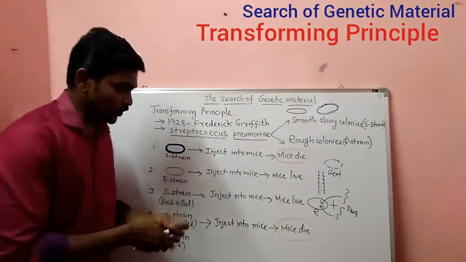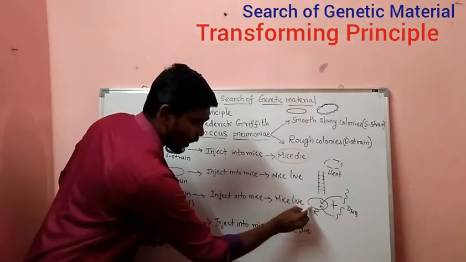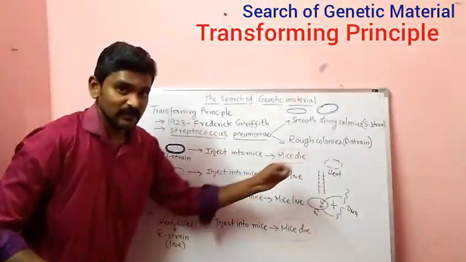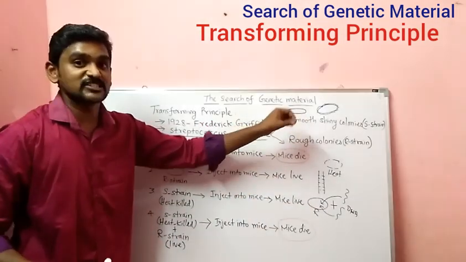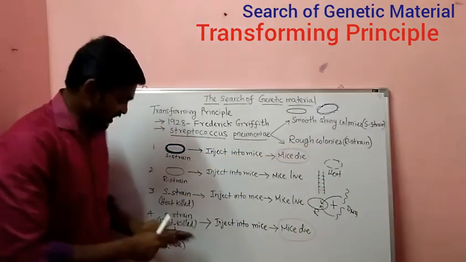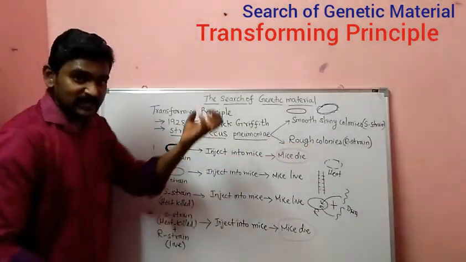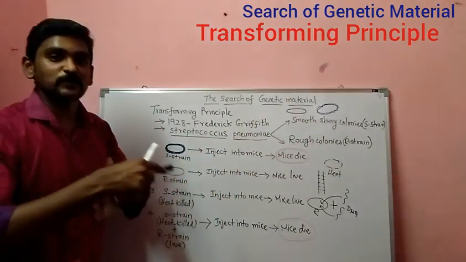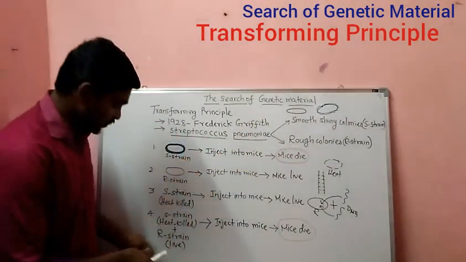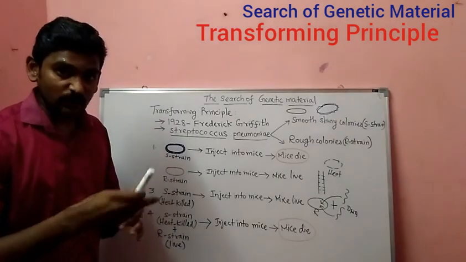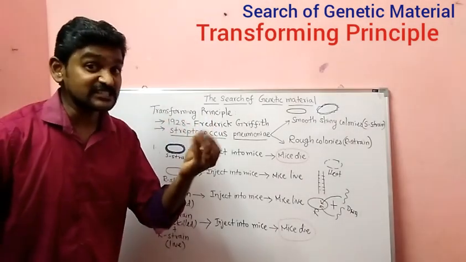Similarly here also, the normal R strain, when it takes up the DNA from the S strain, which is virulent, also becomes virulent. Initially it was normal. After taking the DNA from the heat-killed S strain, it also becomes virulent. So it is capable of causing the disease called pneumonia.